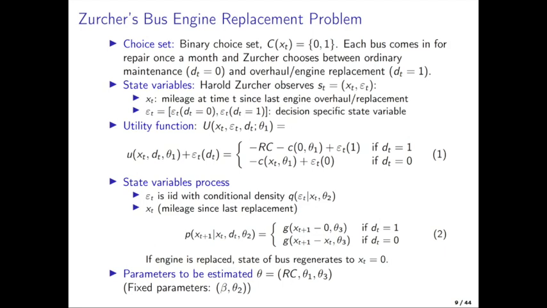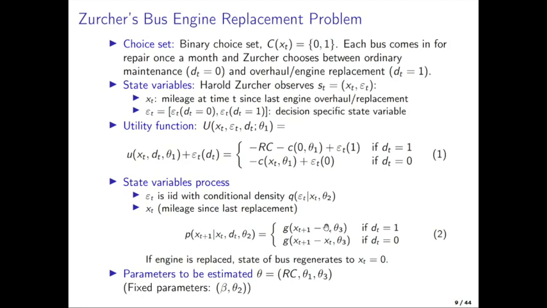Now let's move on to the state variable process, because this is what makes the model dynamic, right? You make a decision today that has an effect on how the state variables tomorrow are going to be. Okay, so you replace the engine. Well, the engine is going to be new next period, and this is exactly what is captured by the state variable process here, and this is what Rust called a regenerative random walk, in the sense that if the engine is replaced, the state of the bus just regenerates to 0.